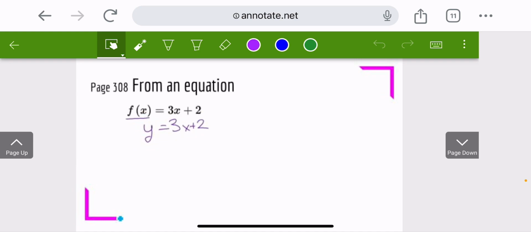From here, we're going to do exactly like we did in our points. I'm going to take my x, I'm going to take my y, and they're going to change places. So I'm going to take literally just the letters, just the x, just the y, and they are going to change places. This is the step that makes the inverse. It's going to become x equals 3y plus 2.